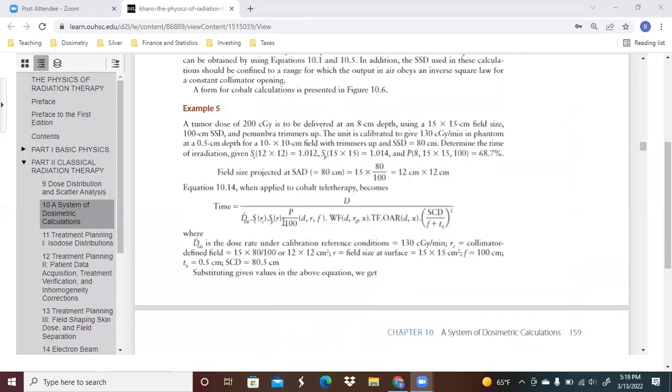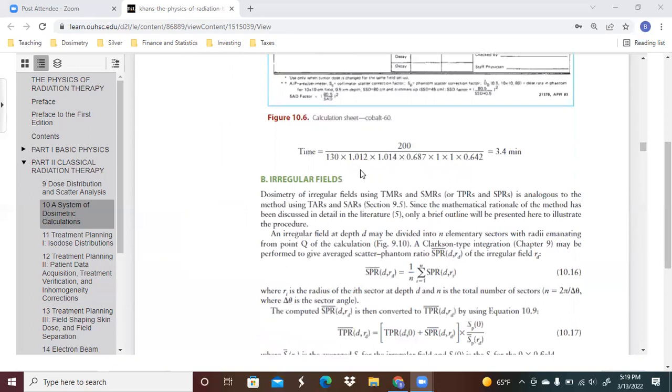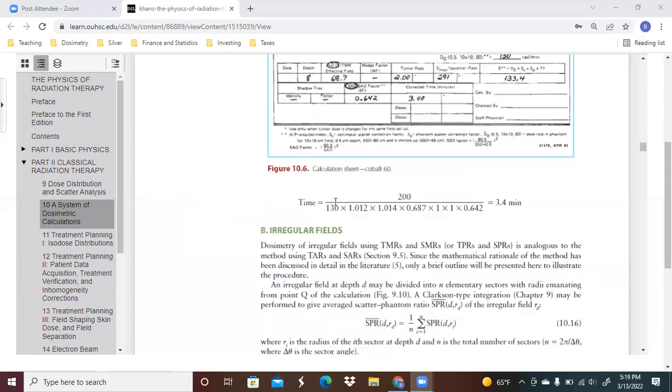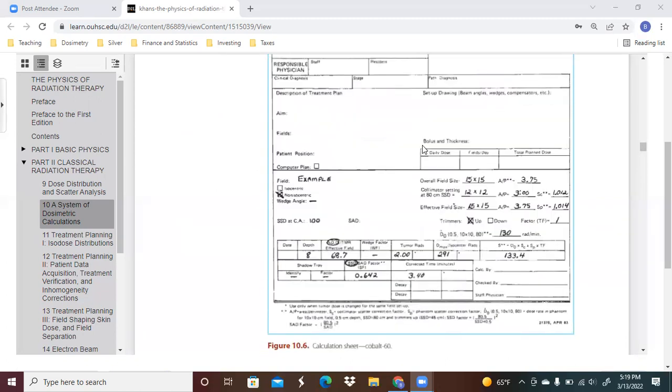The phantom scatter here was given to us as 15 by 15. That's 1.014 put here. Next is going to be the PDD at all of our reference information here, 68.7. So we take that, divide it by 100, and we come up with that.